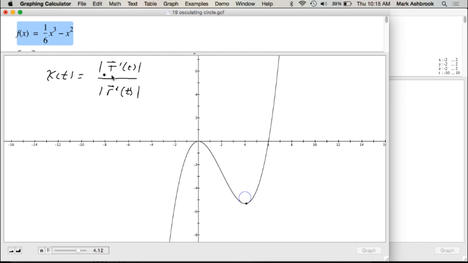So it's like the magnitude of turning, right? Magnitude of turning would be T prime, per velocity, or amount of curve swept out.